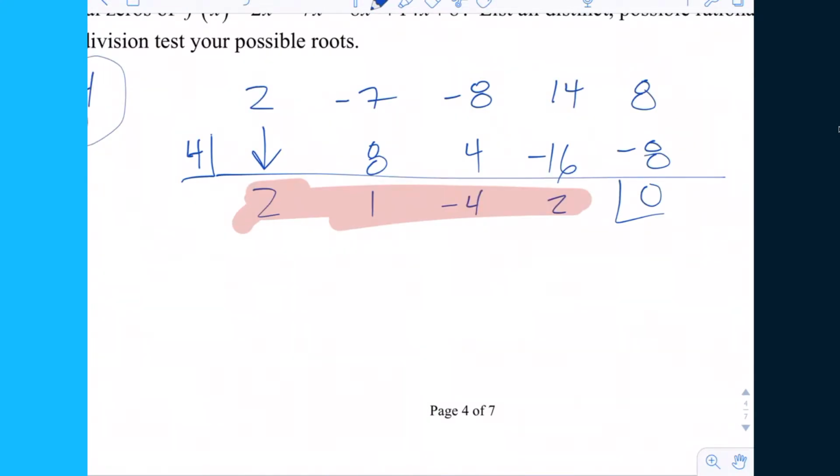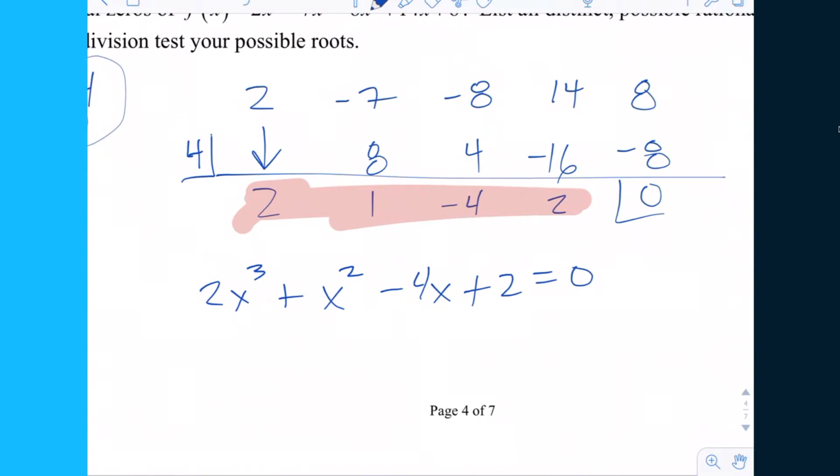Sometimes, though, if you write out your cubic, if you have 4 terms in your cubic, 2x cubed plus 1x squared minus 4x to the first plus 2, doesn't always work. But if you have 4 terms, there is a possibility that we could factor the cubic with 4 terms by what method? Grouping. Okay, so here's your option.